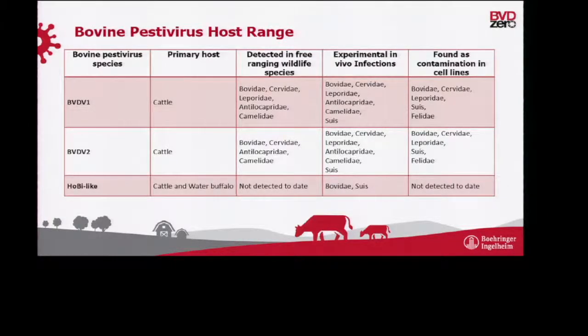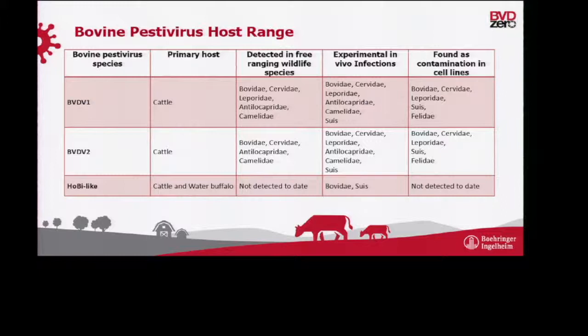So let's talk about that bovine pestivirus host range. Originally, these were all recognized in cattle. HoBi-like virus is always presented in both cattle and water buffalo. We're still trying to untangle those knots to see if maybe water buffalo are the primary and cattle the secondary, but we don't really know.